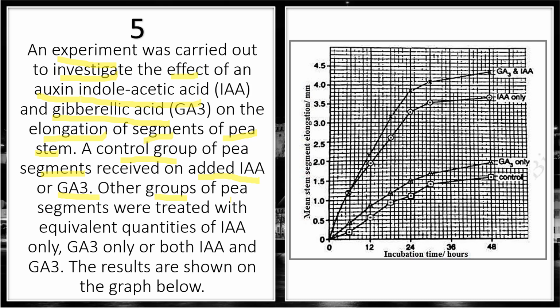Other groups of pea segments were treated with equivalent quantities of indoleacetic acid only, gibberellic acid only, or both indoleacetic acid and gibberellic acid. The results are shown on the graph below.